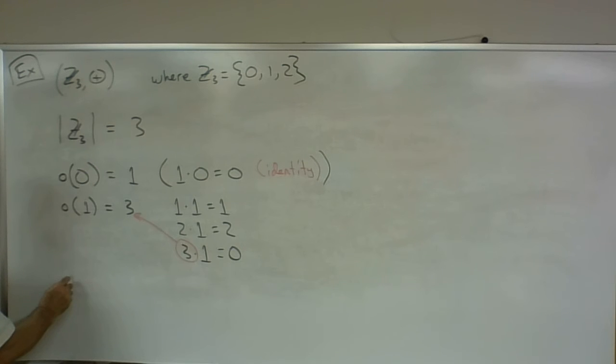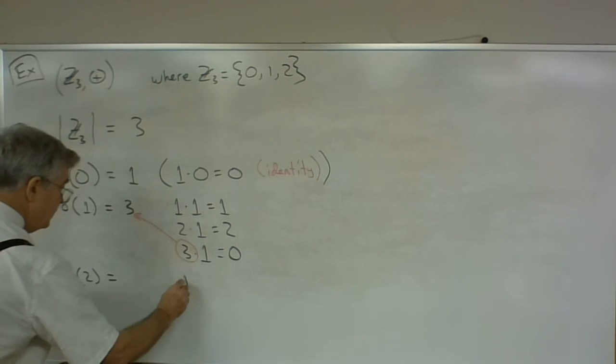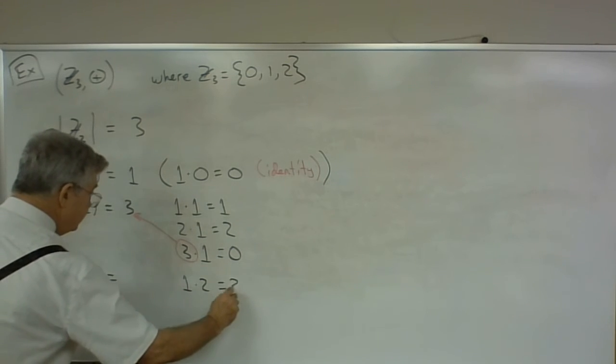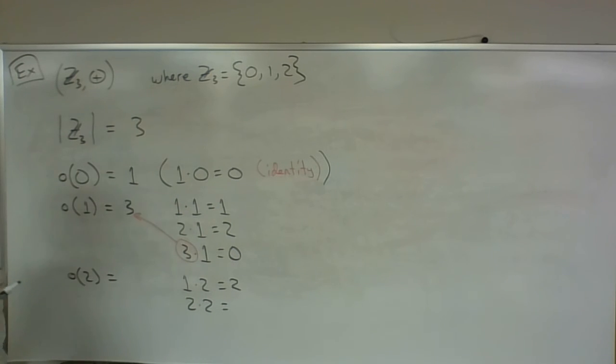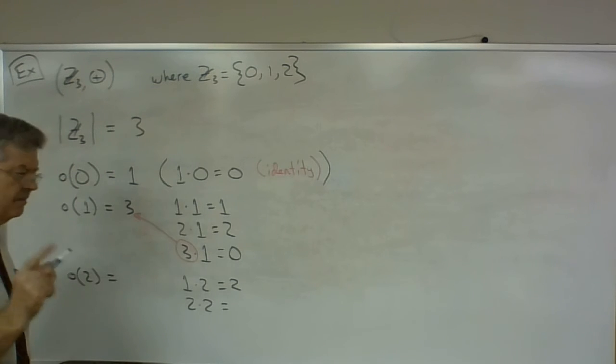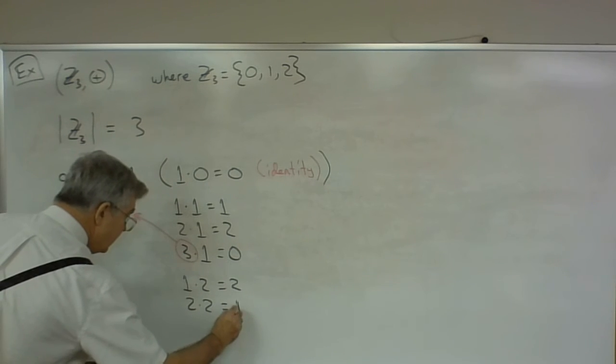Now, what about the last element, 2? Let's see. 1 times 2 is 2. 2 times 2 is 4, but 4 is 1 mod 3, isn't it?